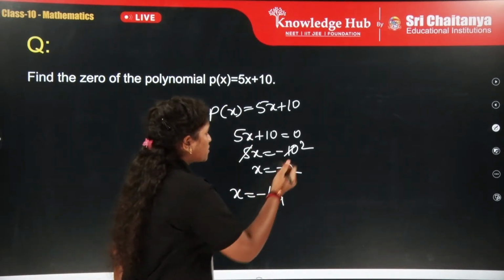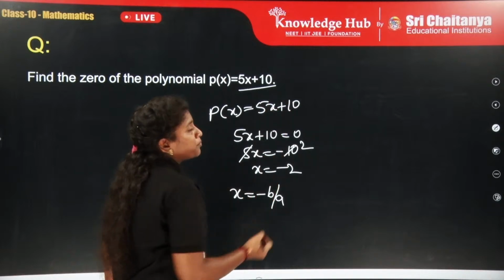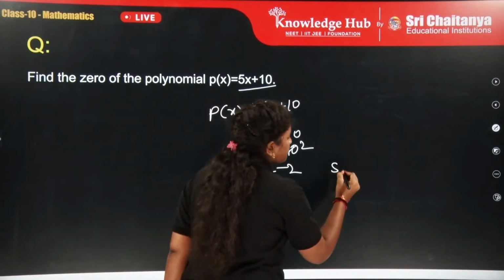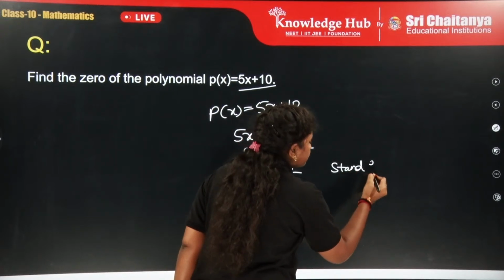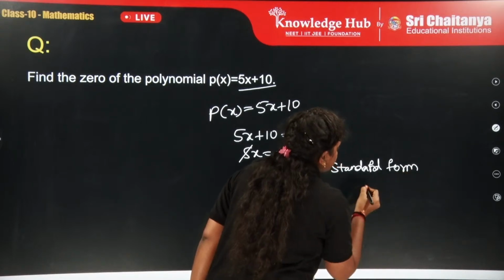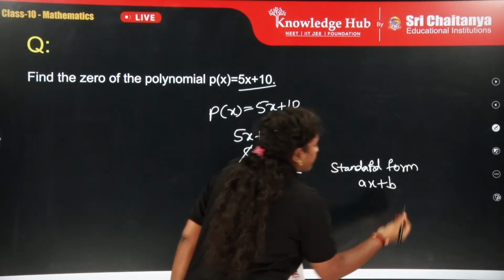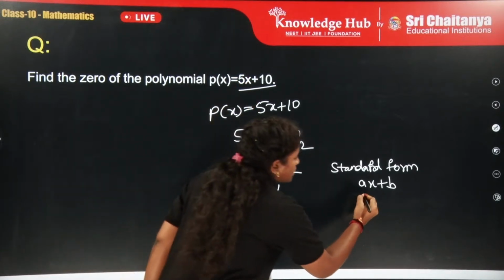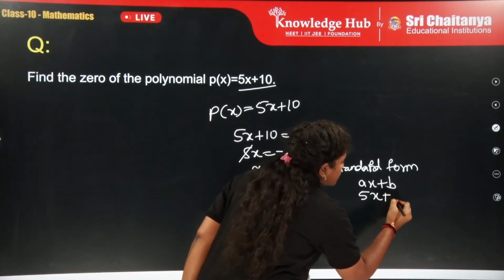Okay. So now consider the given polynomial in the standard form of a linear polynomial. The standard form of a linear polynomial is ax plus b. Now the given polynomial is 5x plus 10. So compare it with ax plus b.